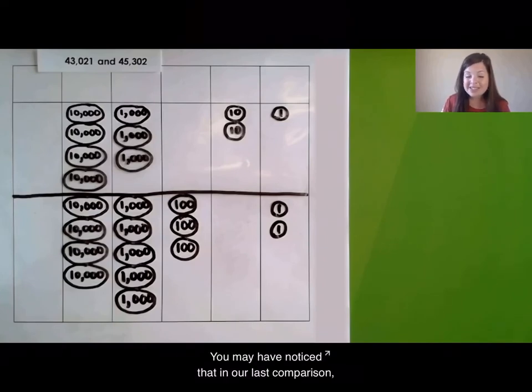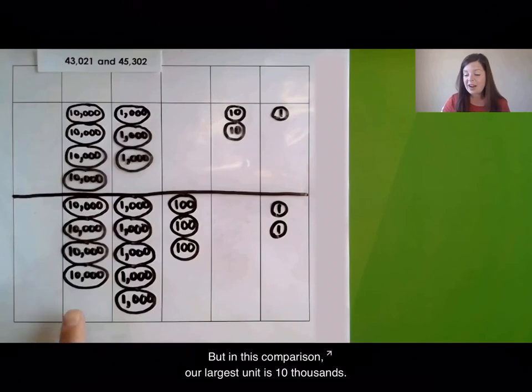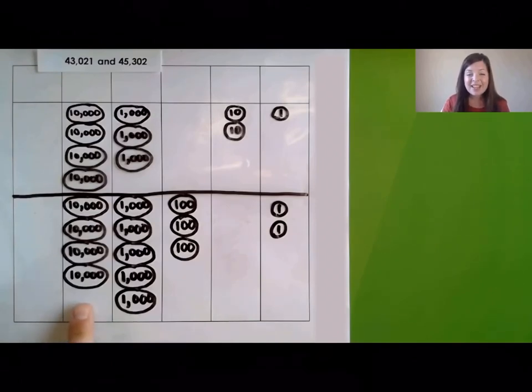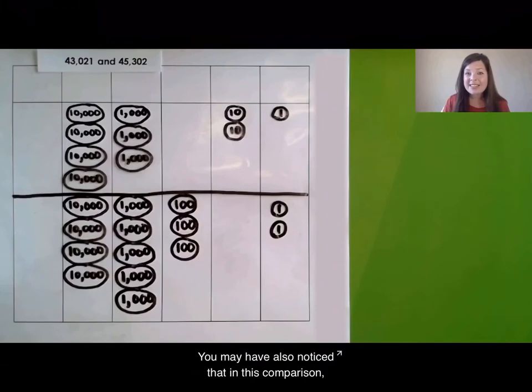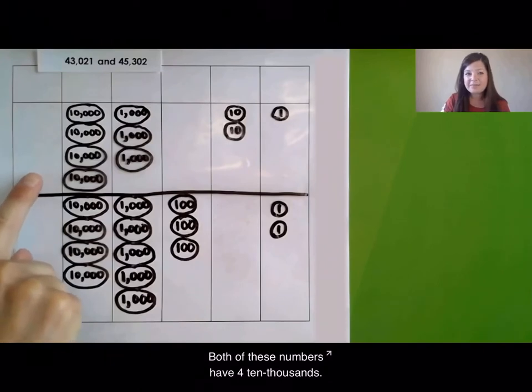You may have noticed that in our last comparison, our largest unit was thousands, but in this comparison, our largest unit is 10,000s. You may have also noticed that in this comparison, there's the same number for the largest unit. Both of these numbers have 4 10,000s.